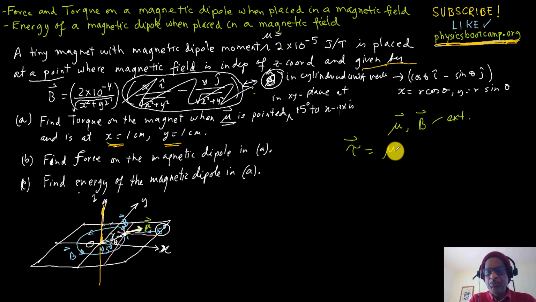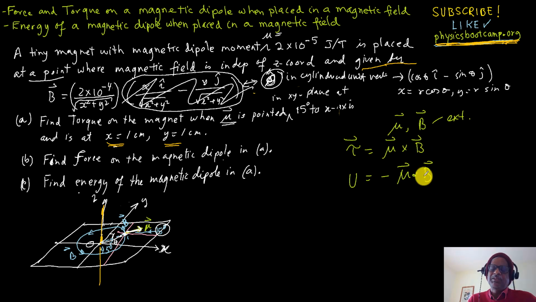Torque will be mu cross B. You can take this as a definition of torque, or you can derive it, but we'll just take the definition. The energy will be minus mu dot B.